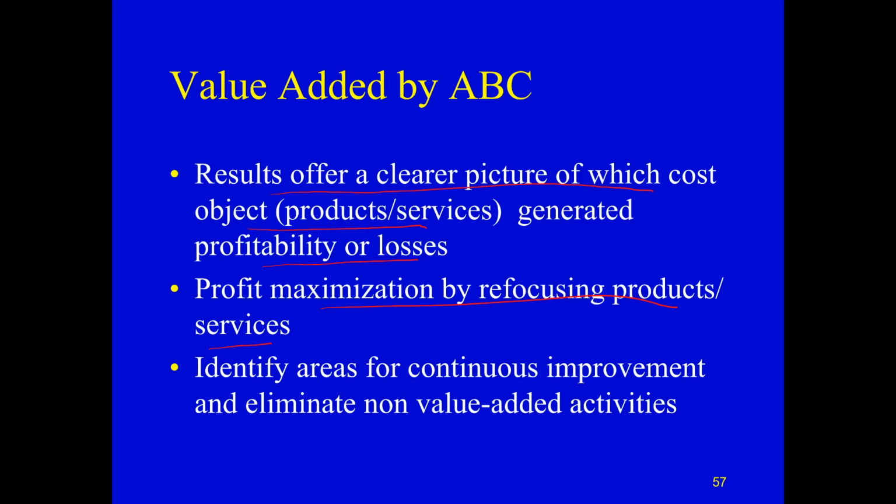Overhead charges by the traditional method are not allocated properly to the product cost. ABC can allocate those overhead charges properly, and then we can refocus on profit maximization, etc. It identifies areas for continuous improvement and eliminates non-value added activities. That is the advantage of activity-based costing.